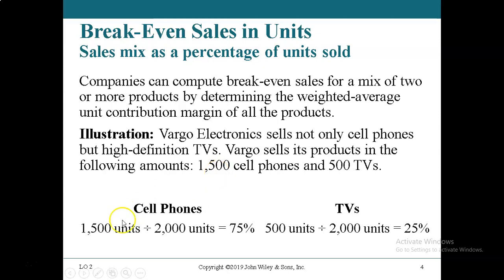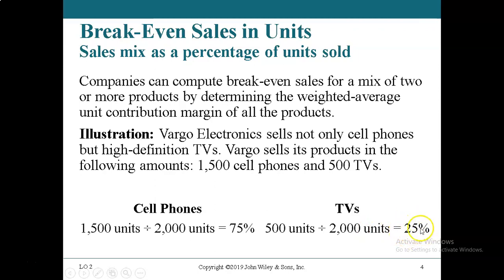Well, they sell 1,500 cell phones, because it says so in the illustration. Divide by the total of everything, which is 2,000. So 75% of their total production is cell phones. And they say that they sell 500 TVs. Divide that by 2,000 units, the total for everything.